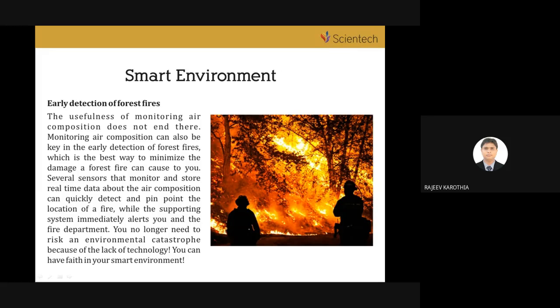They are going to deploy sensors and continuously monitor the data from the sensors, and then they can do the analysis using machine learning or algorithms. So we, Scientech, are going to give sensors or devices to monitor, and then they will make their own applications for early detection of forest fire, so that we can prevent it or get an early warning.